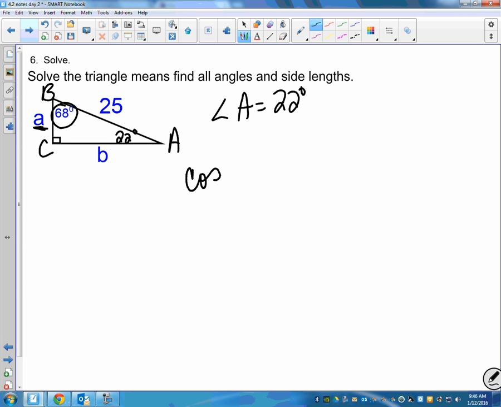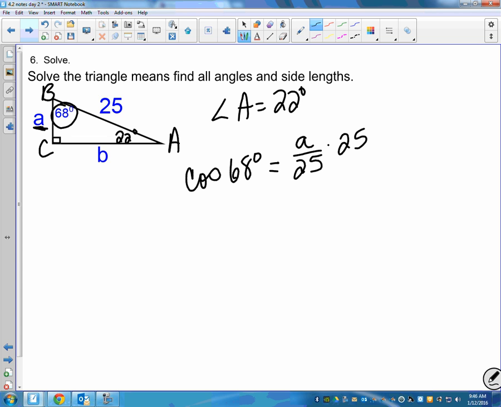I'm just going to set that up. Instead of cosine of theta, I'm going to say cosine of 68 degrees, and it equals the ratio, which is adjacent over the hypotenuse, which is 25. 68 degrees is not in my special triangle, which means this has to be a calculator problem. I can't do it without a calculator. And then I'm just solving it.